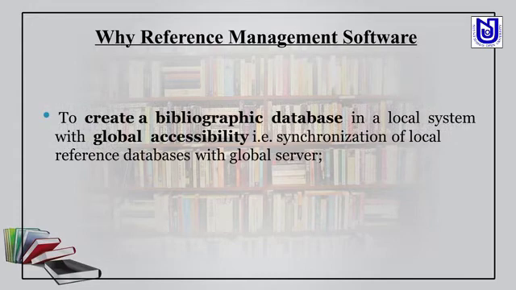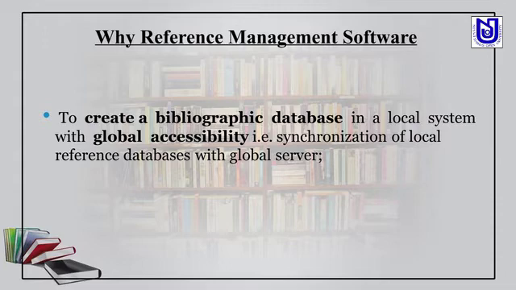And then, to create a bibliographic database, it will automatically create a bibliographic database in your local system as well as on a global platform, which is accessible from anywhere at any time by anyone using a login and password. So this mechanism has two interfaces.